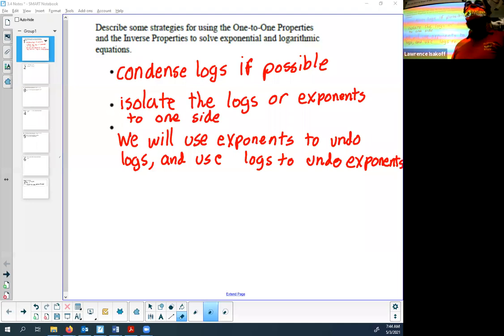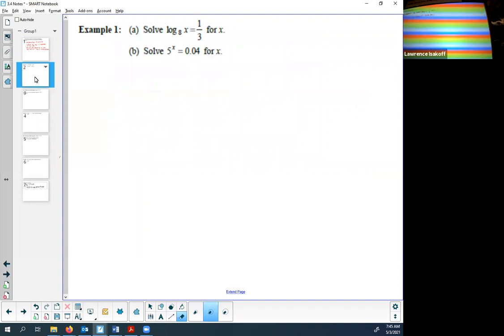Well, they undo each other, just like multiplication undoes division and division undoes multiplication. So let's move on. We've got two problems to solve here.